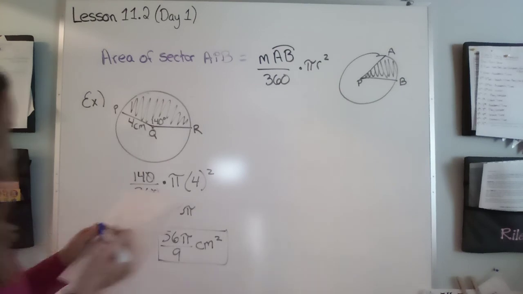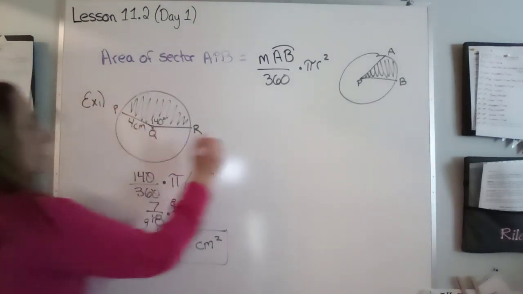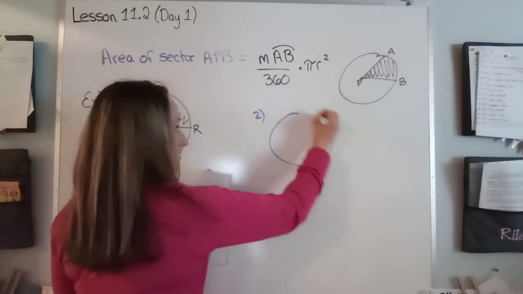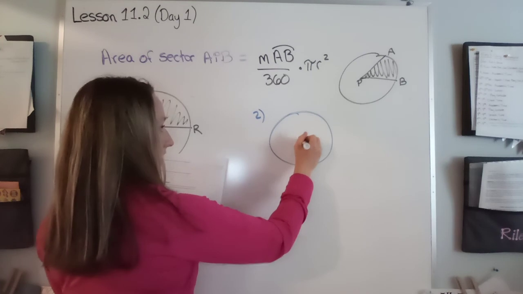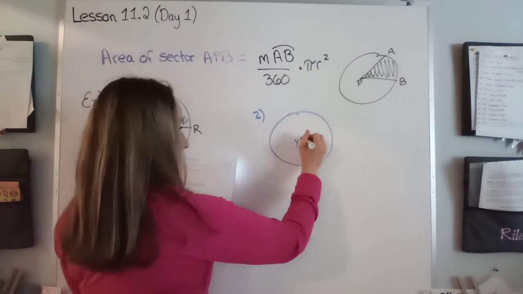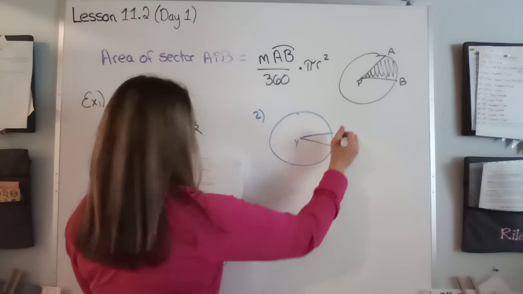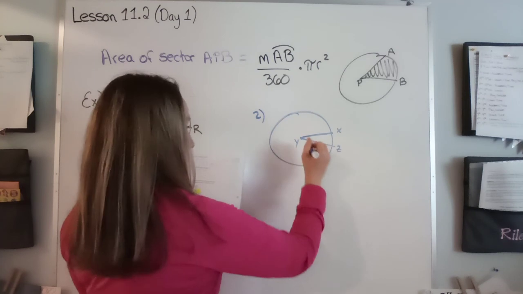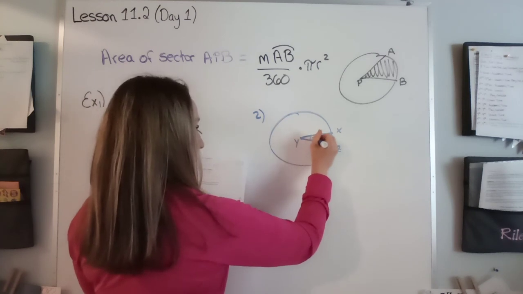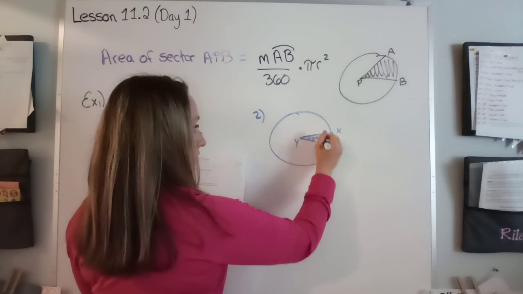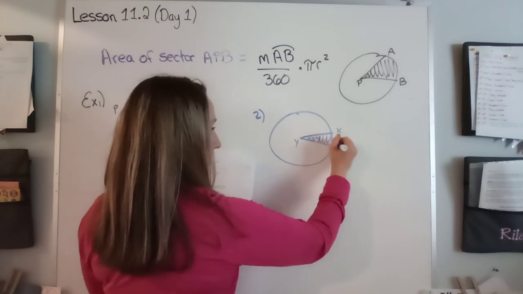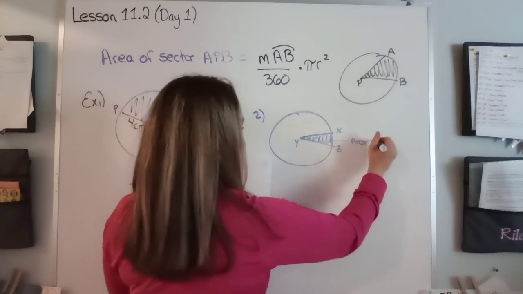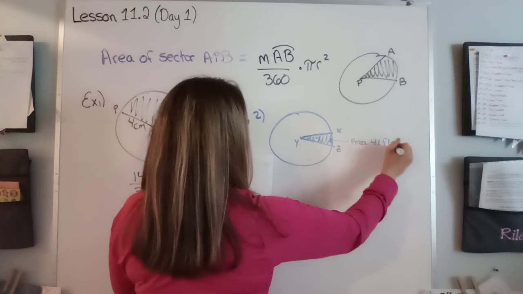And for the next example, that was example 1. Example 2 from your notes, you're given a circle Y with points X and Z, and you're given that this angle is 25 degrees, and then you're told that this sector area is 4.1 feet squared.